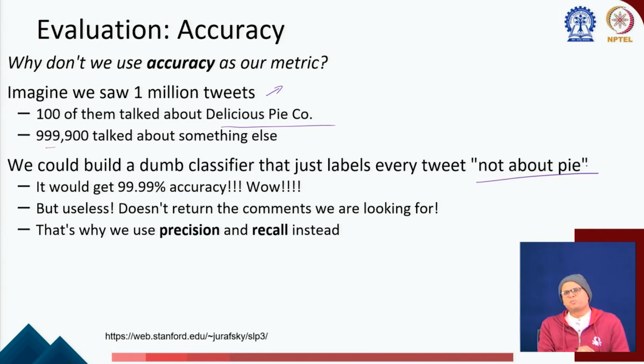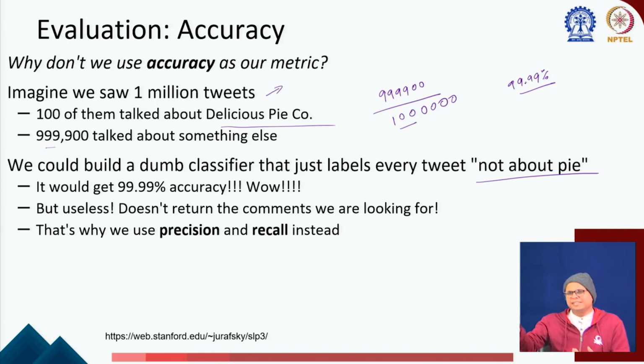What would be the accuracy of such a system? Out of 1 million, in 999,900 cases it will work correctly. So its accuracy will be 99.99%. But is that useful at all? Every tweet you give, it says it's not about Delicious Pie. So it is not giving you any tweet to further analyze. So it's completely useless for you.